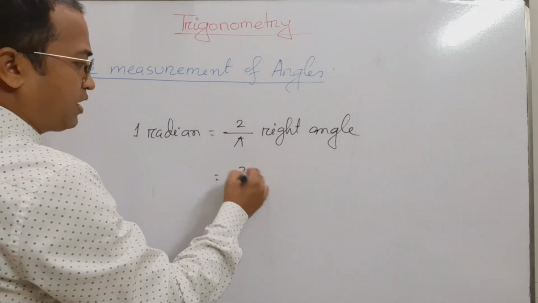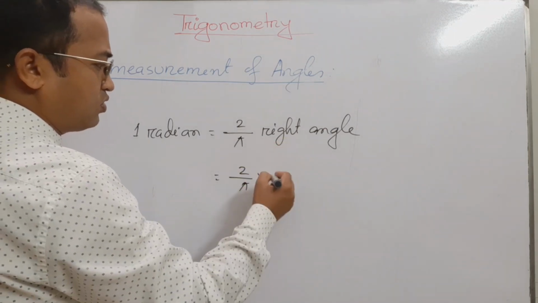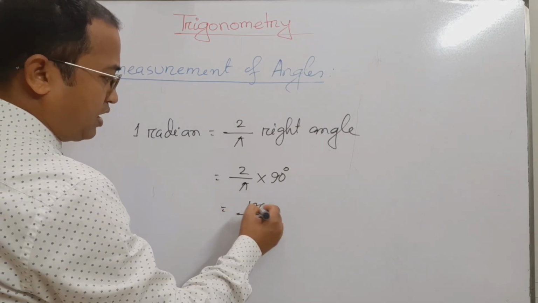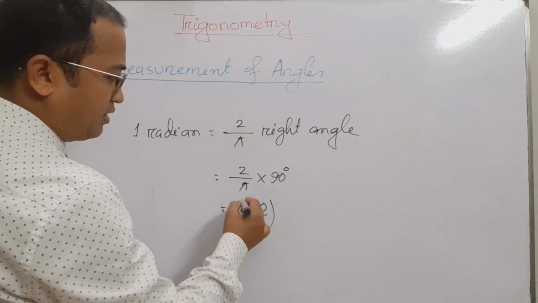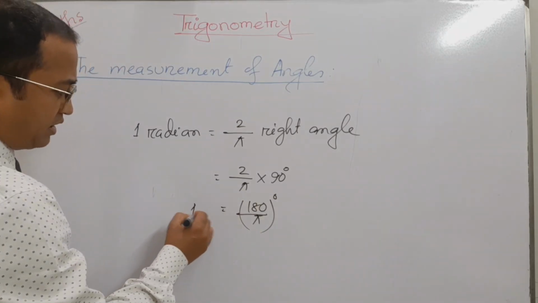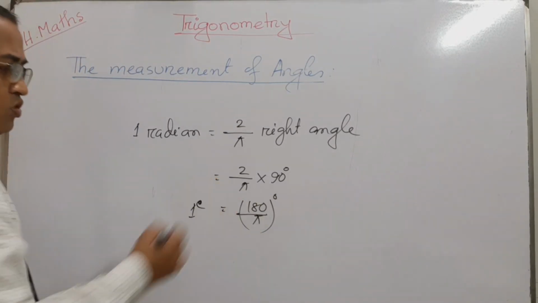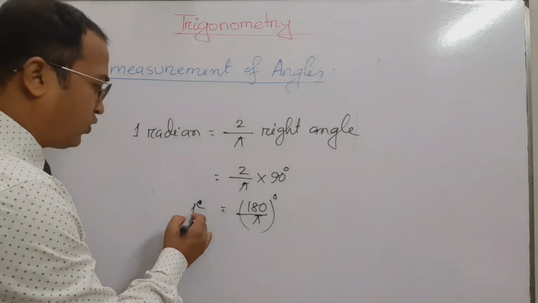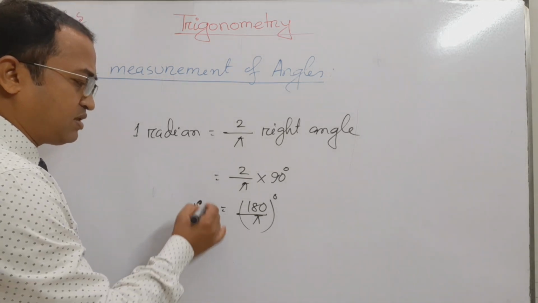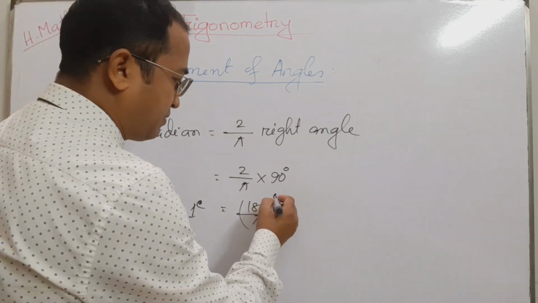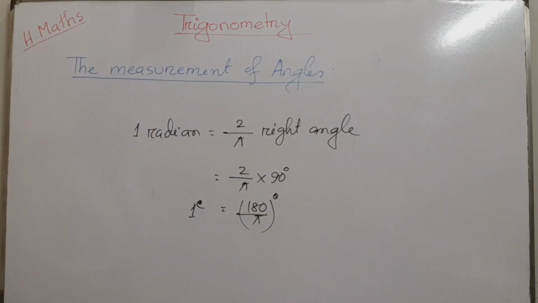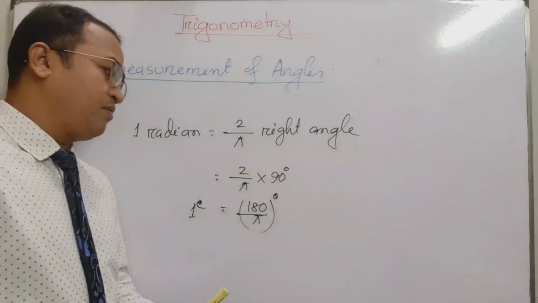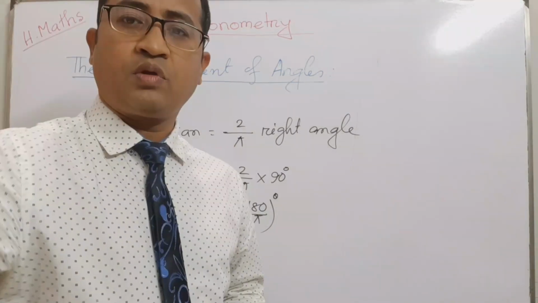So 2 by pi into 90 degrees, that is 180 by pi degrees. So 1 radian is equal to 180 by pi degrees. Look, radian we express by the symbol c, and degree we express by the symbol 0.